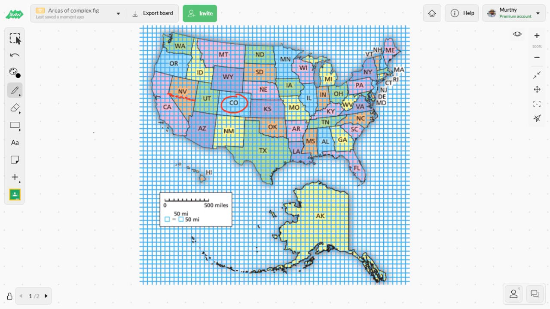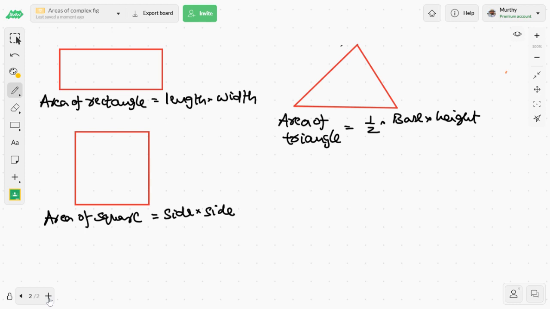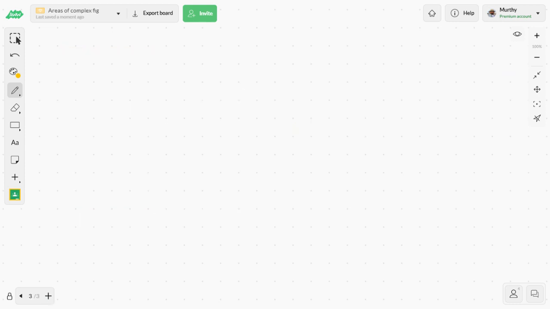Suppose you are asked to find the area of Nevada, easily you can compute it. I'm going to explain how to find the area of irregular shapes, especially the complex questions. So let me take a couple of questions.